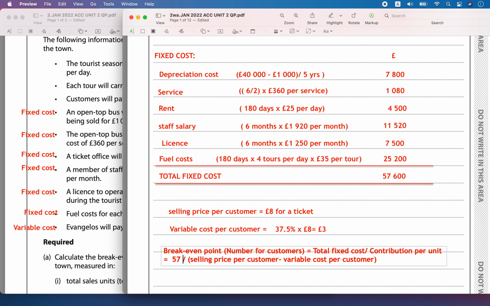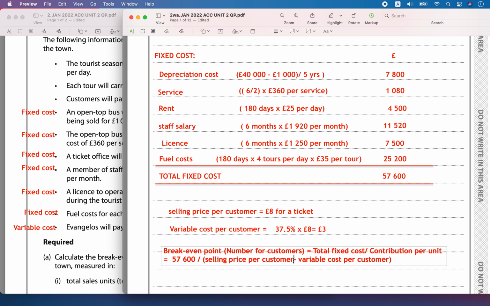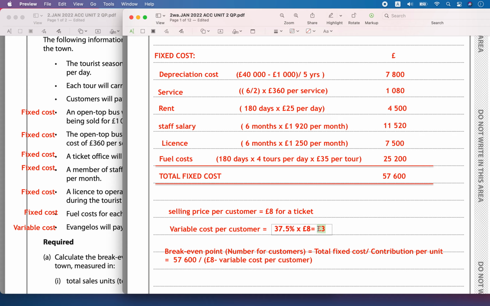We know the total fixed cost, it is 57,600. The selling price is 8 pounds, so let's substitute the selling price, and the variable cost is 3 pounds.